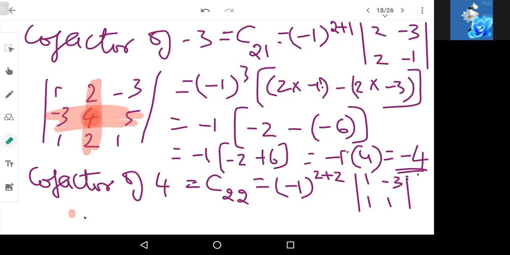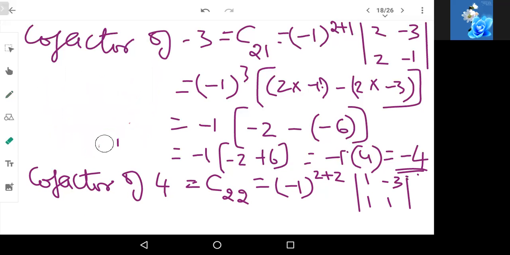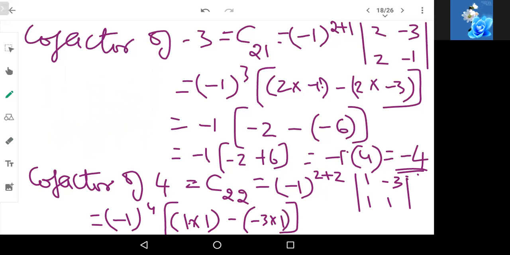So, solving this, minus 1 to the power 4 into 1 into 1 minus 3 into 1. So 1 ones are 1, minus of minus 3 is plus 3. So 1 plus 3 is 4.